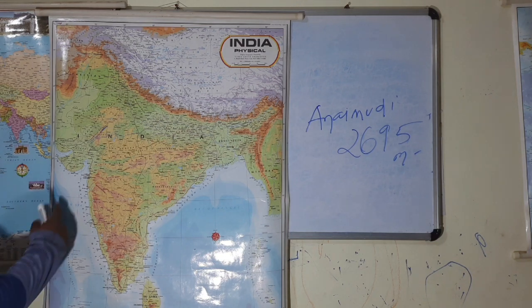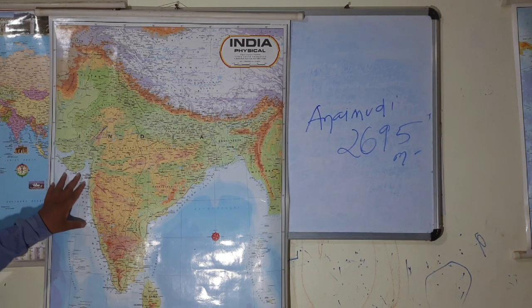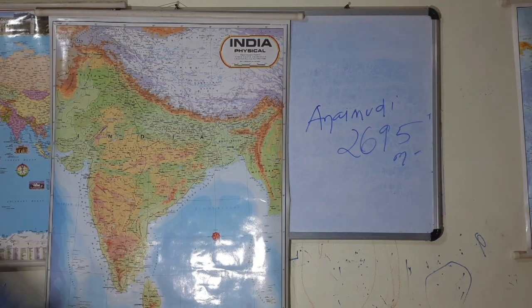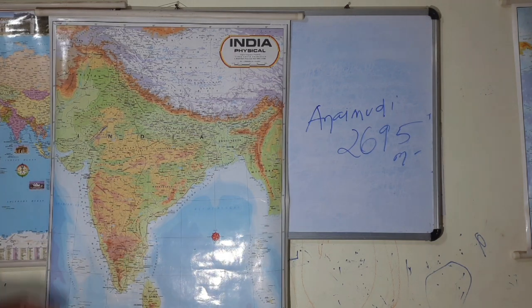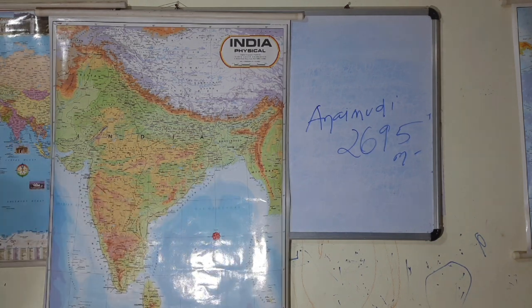In fact, we will discuss the coastal plains: the Coromandel coast, the Konkan coast, the Malabar coast. The Coromandel coast is also called the Northern Circars.